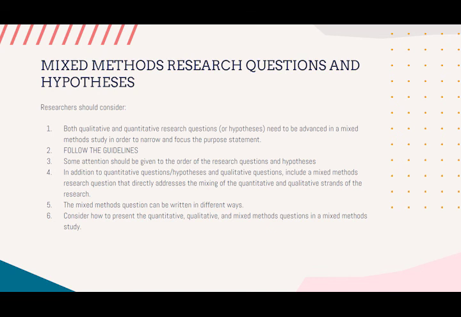In addition to quantitative questions and hypotheses and qualitative questions, include a mixed methods research question that directly addresses the mixing of the quantitative and qualitative strands of the research. 5. The mixed methods question can be written in different ways. 6. Consider how to present the quantitative, qualitative, and mixed methods questions in a mixed methods study.